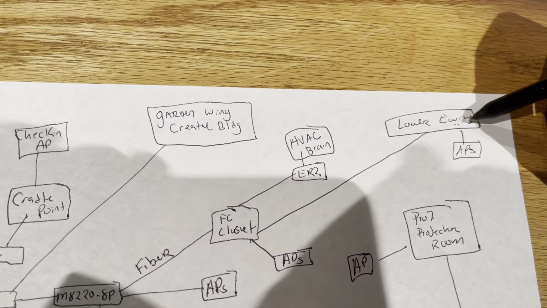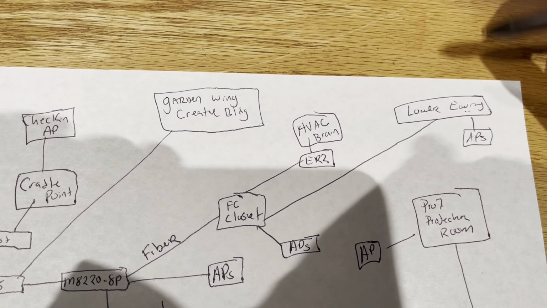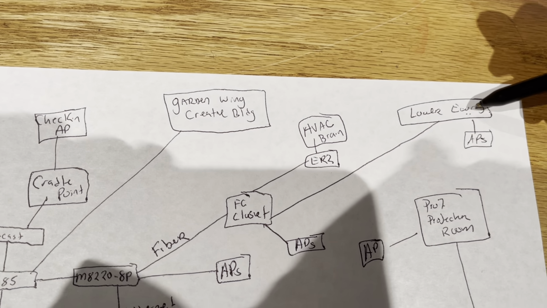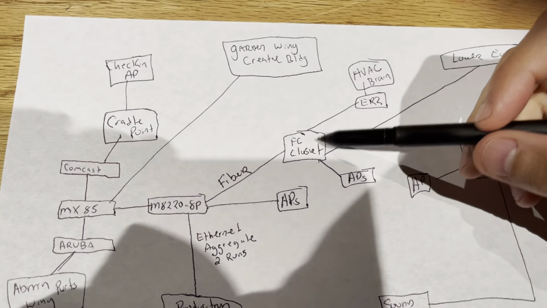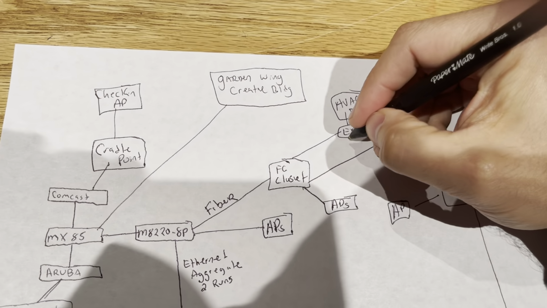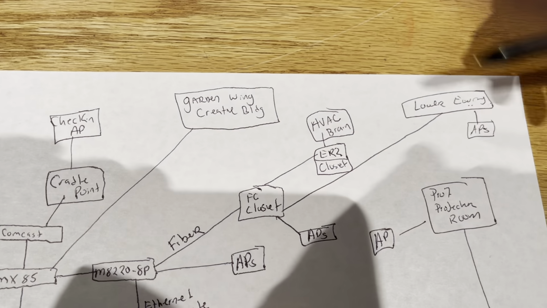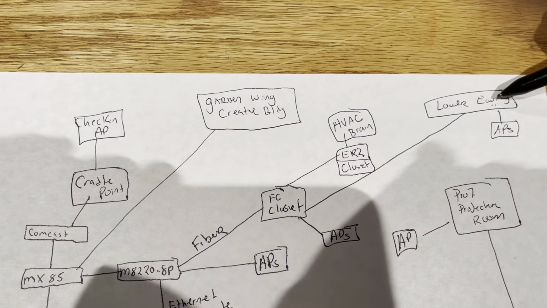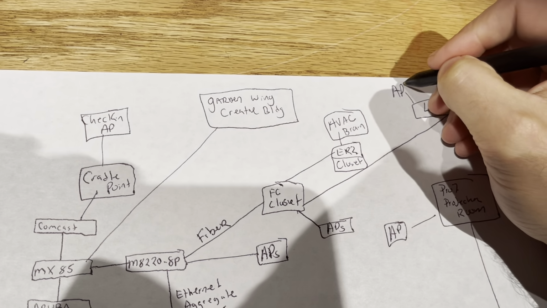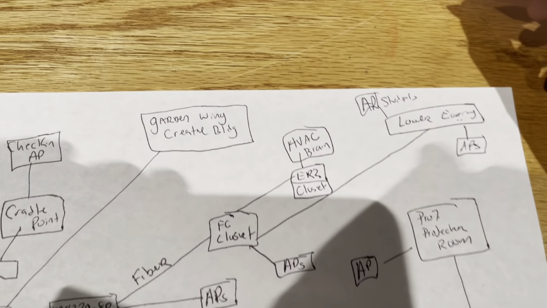And then the lower E-wing feeds all the lower ports downstairs, Ethernet. This closet back here, the family center closet and the ER2 closet, upright closet here, feed the Ethernet ports upstairs. The other thing, the lower E-wing closet, there's an AP that's in the student center. So I put AP students, that's in the student center.